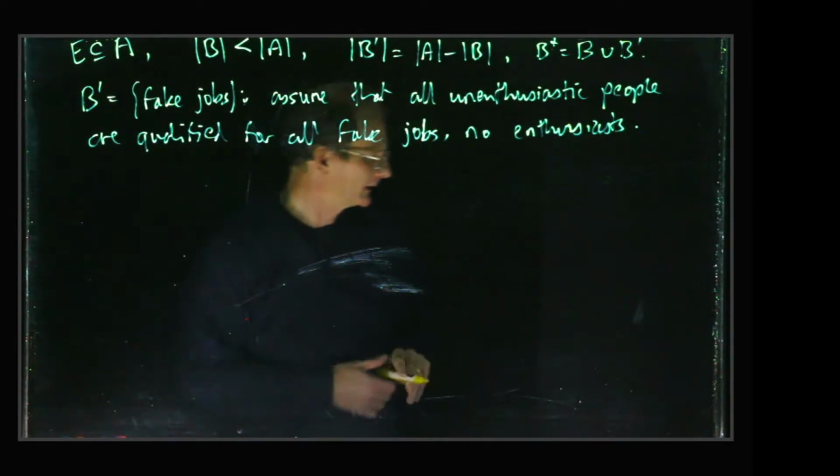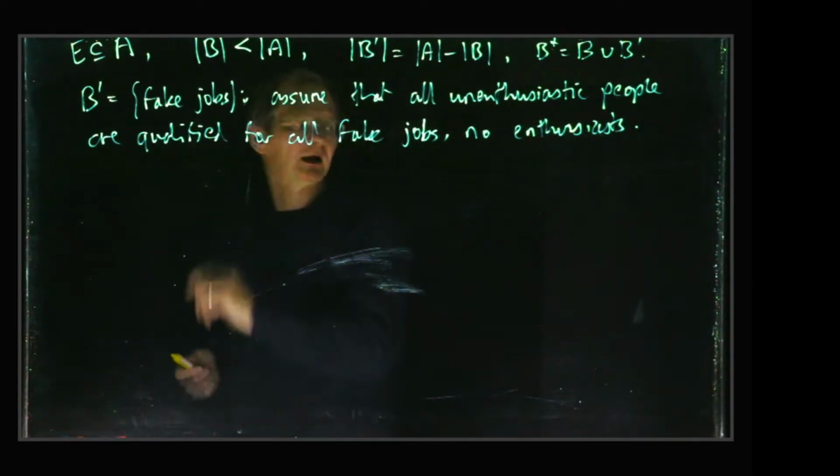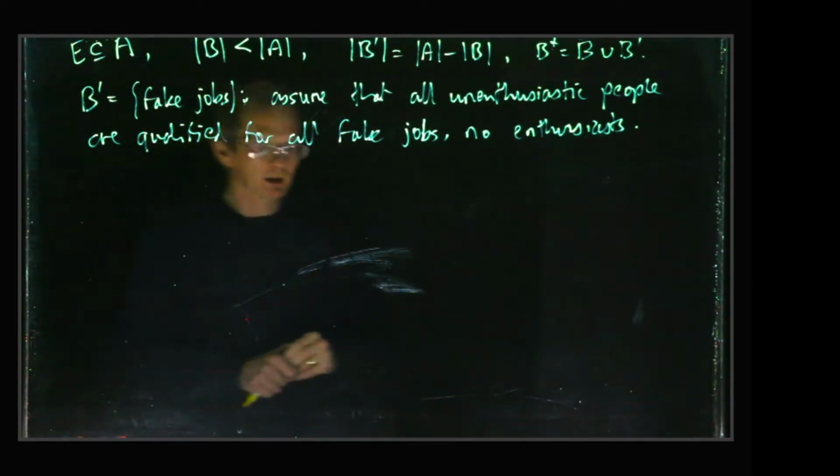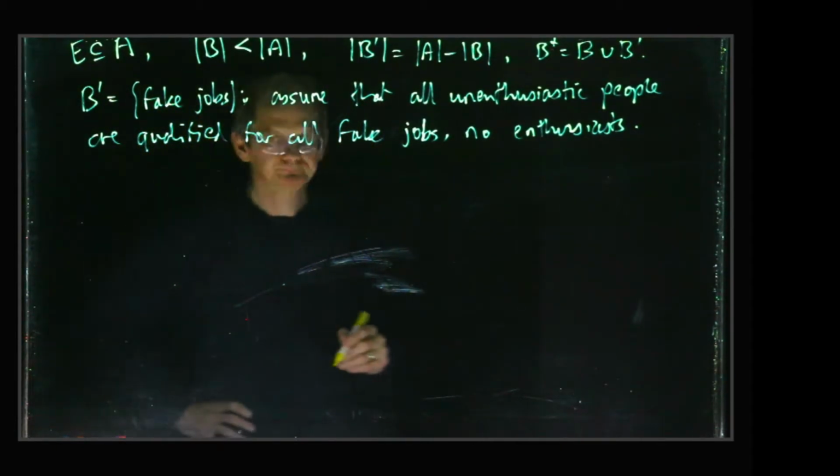Okay, so the enthusiasts want to do real work, and so they don't count as being qualified for these jobs in B prime. Okay, so this gives us a new matching problem.